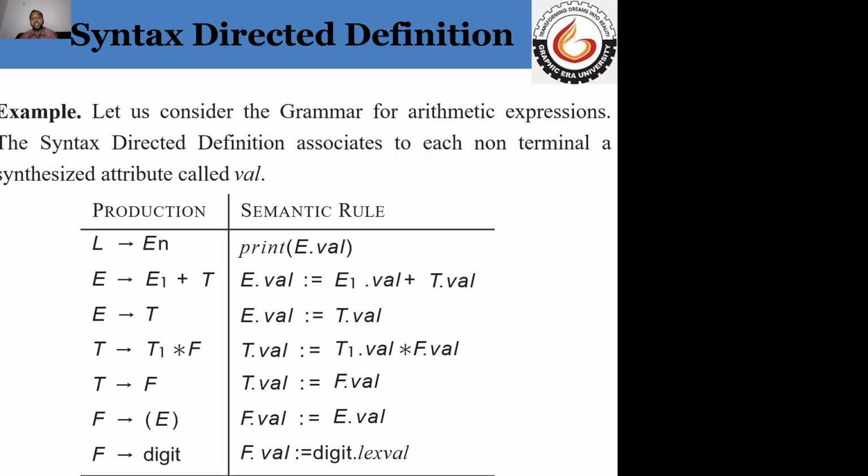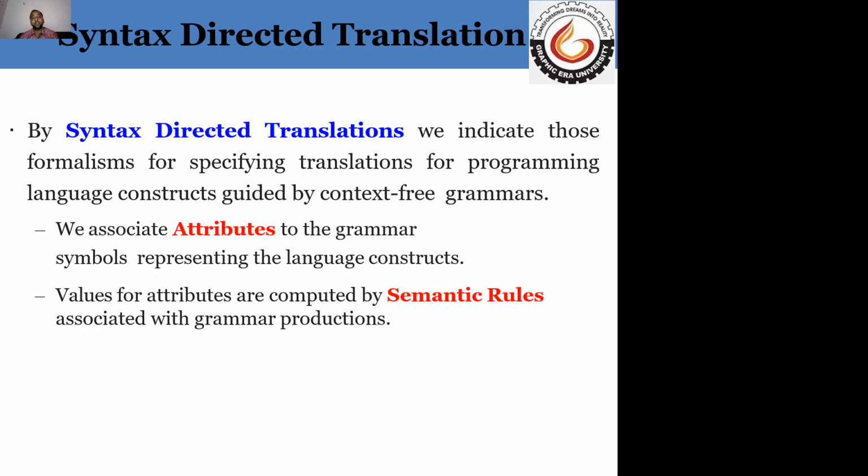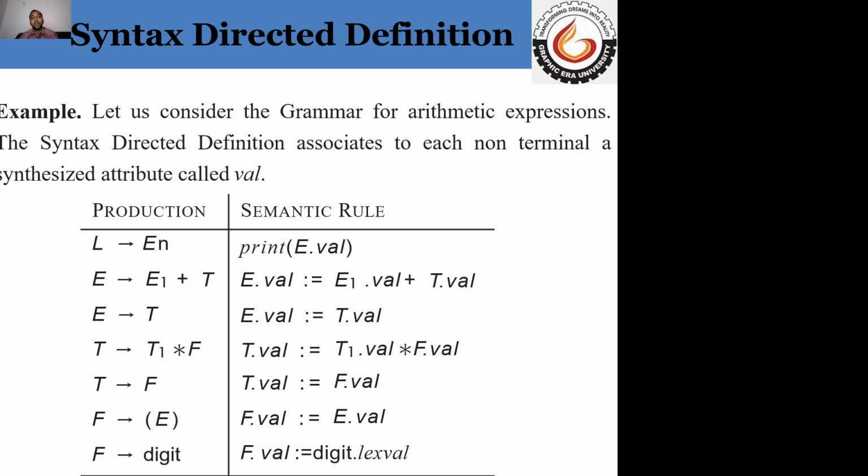Next is SDD, syntax directed definition. There is a difference between syntax directed definition and syntax directed translation. In translation, there is a role of context free grammar where attributes are attached with the CFG by making sense of semantic rules. In SDD, each and every variable as well as terminal must be associated with its definition.